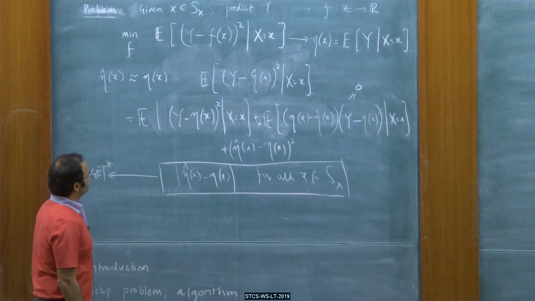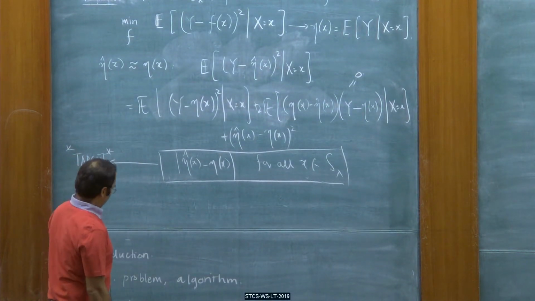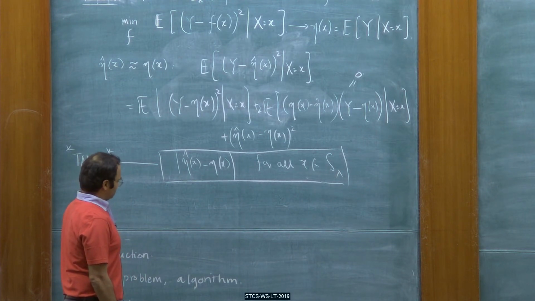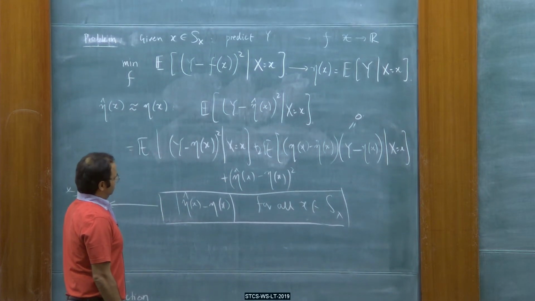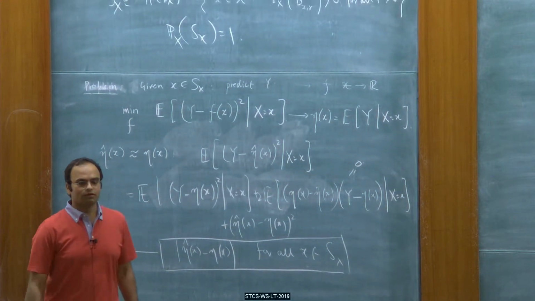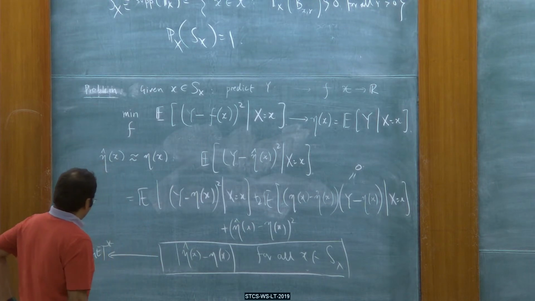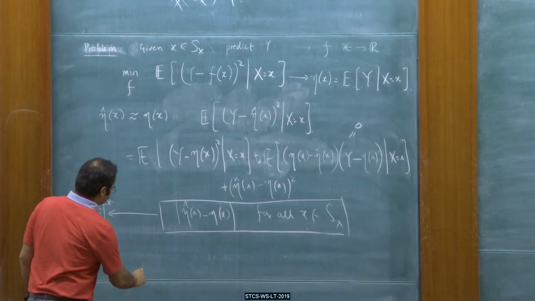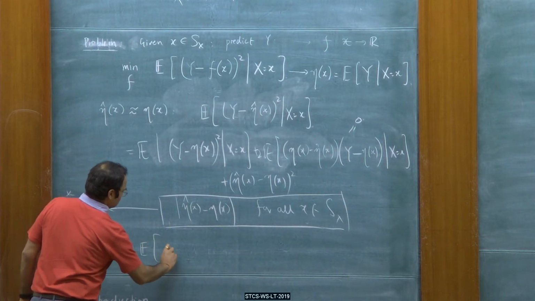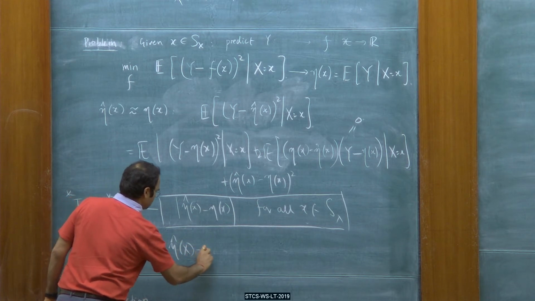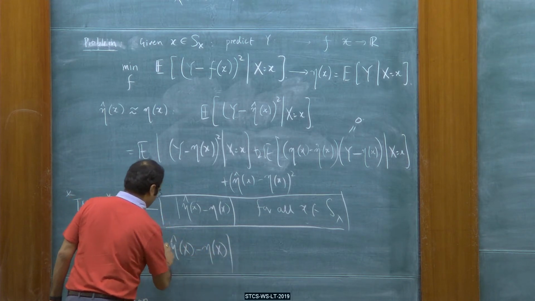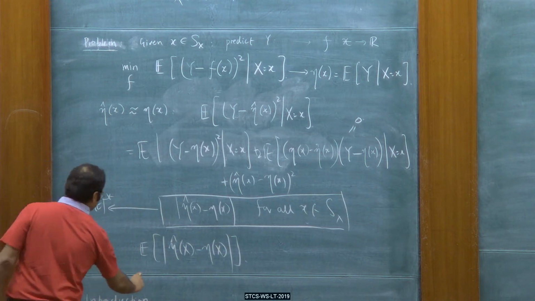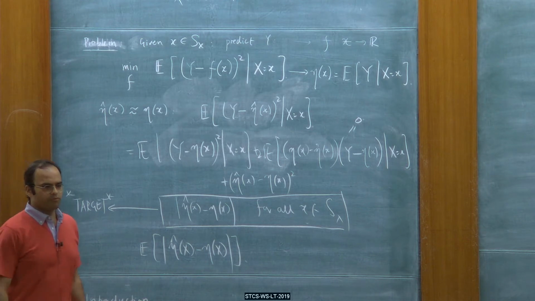Someone asks, what happened to the classification setting? Maybe a good point. Maybe more precisely, I want to minimize the expectation of the absolute difference.